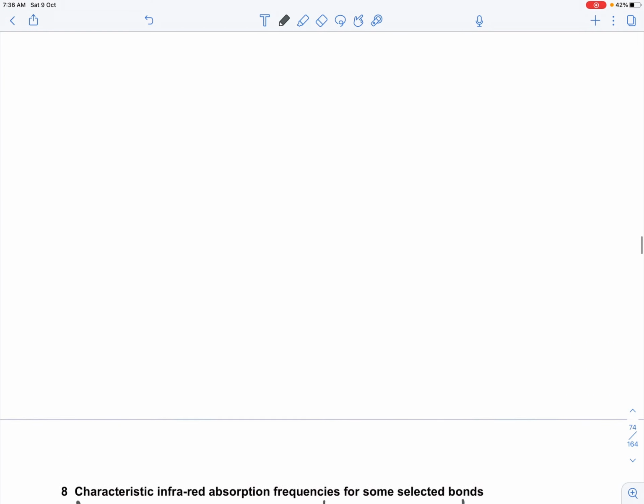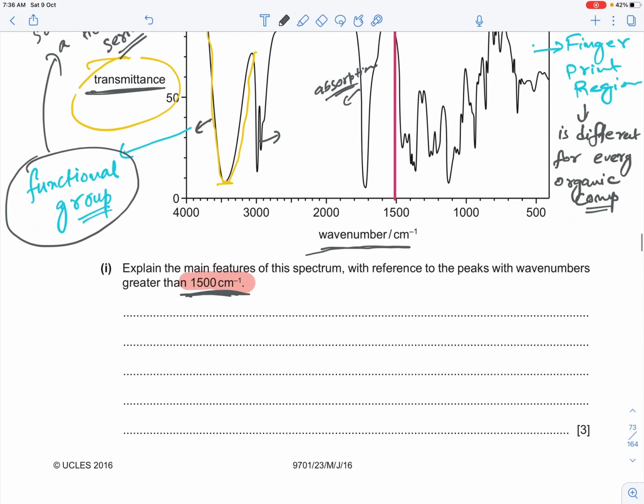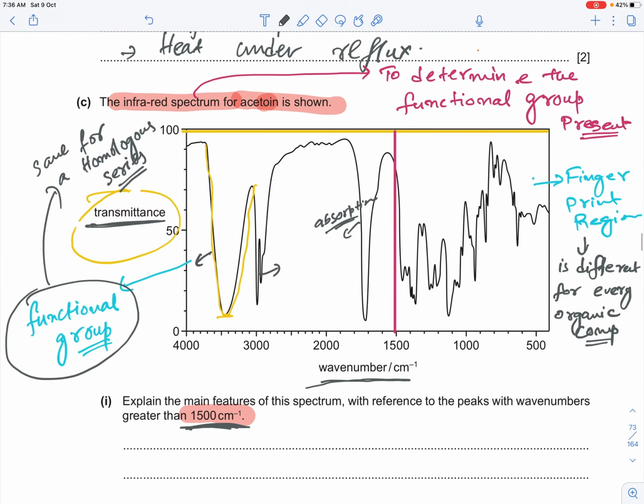Now most of the students think that the absorption range is the width of the peak. Just notice that the absorption range has nothing to do with the width of the peak. Basically, what you have to do is simply see the lowest point of the peak, the lowest point of the peak, that would give you the absorption.